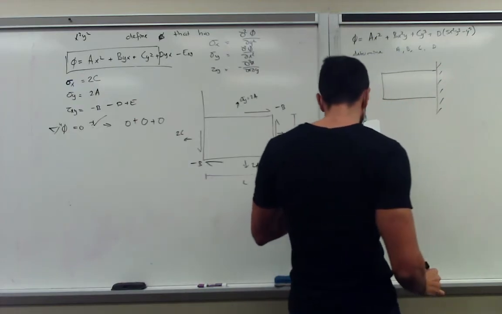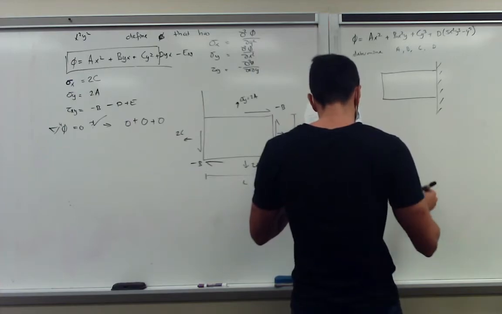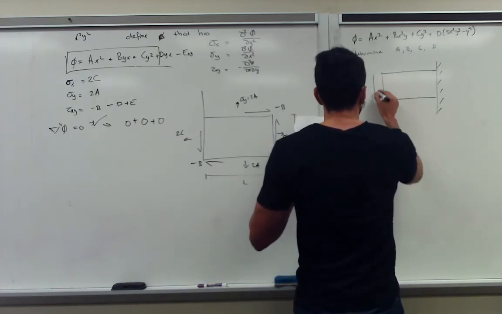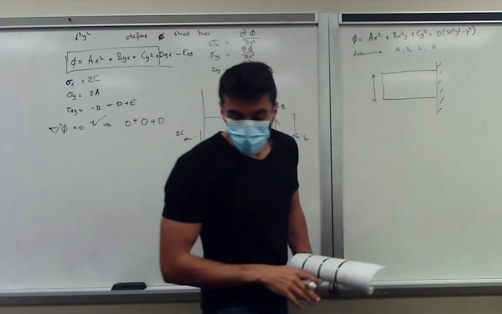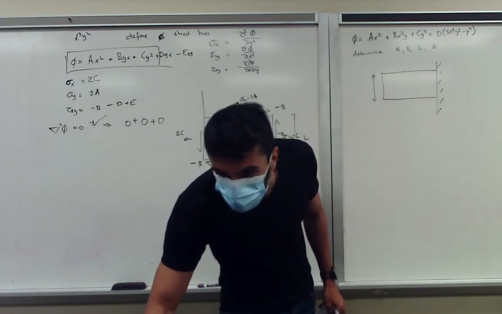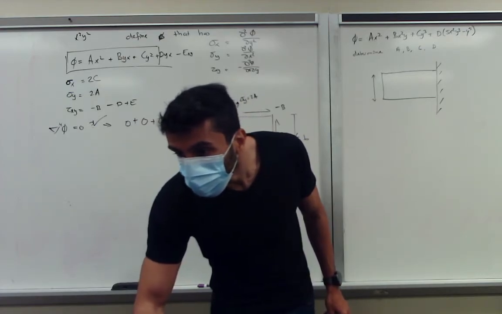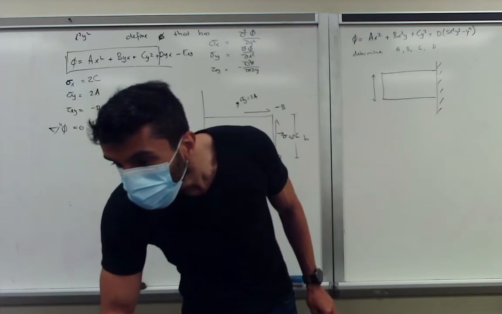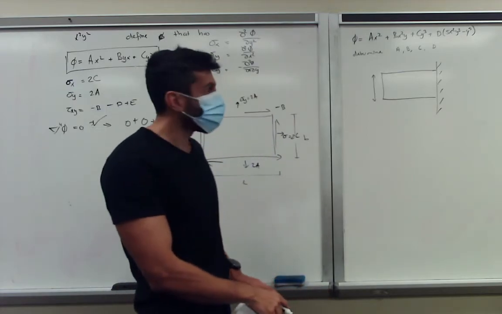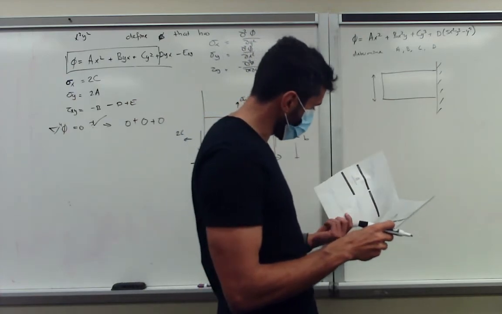So this one's clamped. Let me go to the lecture slides. It's too small, I cannot read it. Okay, so this is, I think, one of the last lecture slides.